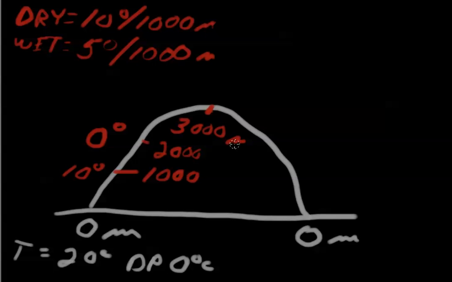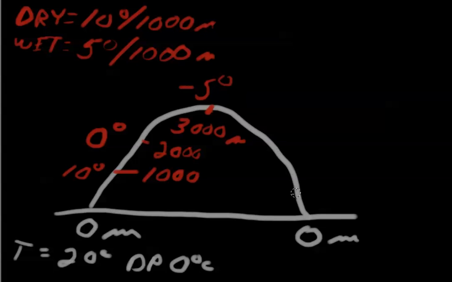Many times when you're out in the mountains, you'll see snow at the upper elevations but not at the lower, and this is the reason why. As you increase in altitude, temperature goes down, and you have to get to that dew point. So we go up another 1,000, and we only drop at the wet rate, so from 0, it's going to be -5 degrees.